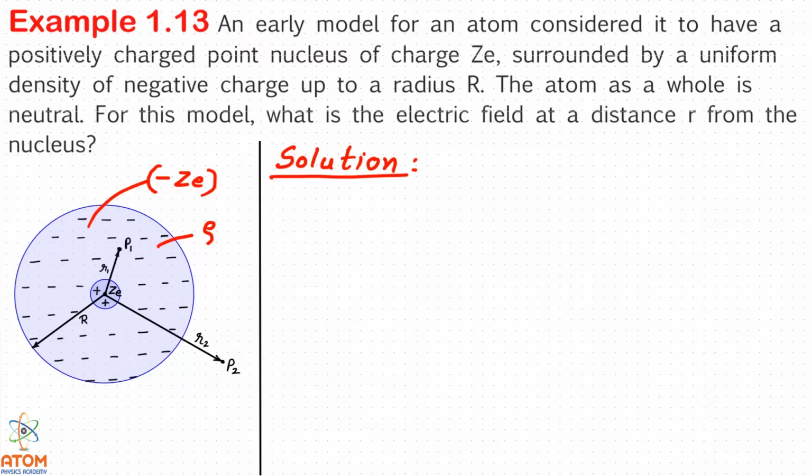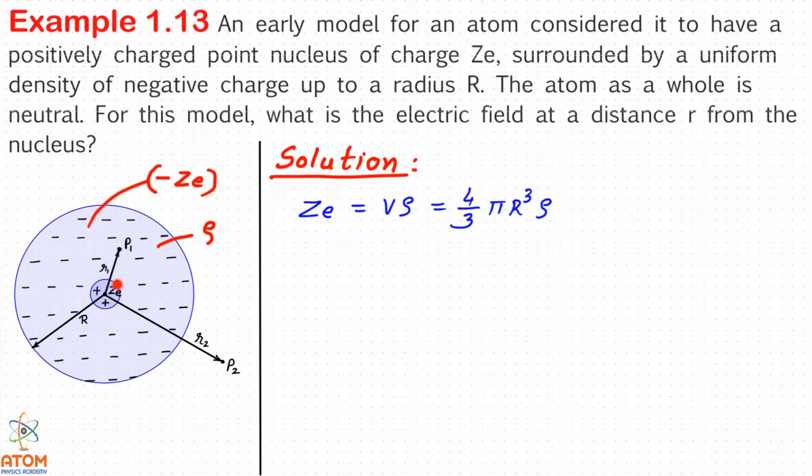Now using all this, we can find out the equation of this charge Ze. We can write Ze, that is the charge, is equal to volume into density, and the volume will be here 4 by 3 pi R cube into density rho. See, we are talking about this portion, so the volume is 4 by 3 pi R cube.